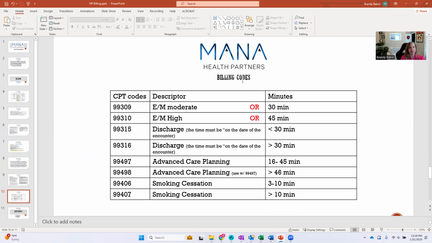So as we look at billing codes, your 99309 is a moderate. It's an evaluation and management, and it's described as a moderate. And so you can use the medical decision making of moderate or 30 minutes. That will be your 99309. You can use time or medical decision making. Same thing with your high.